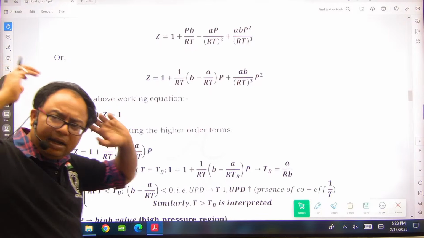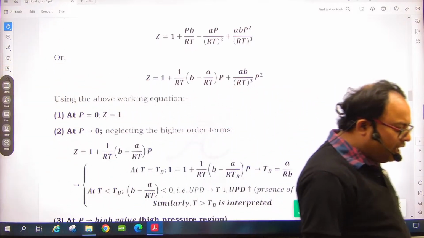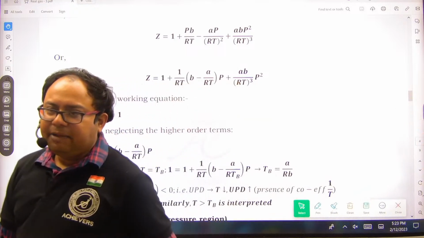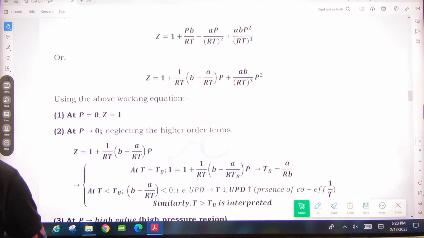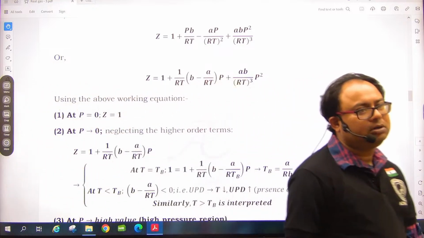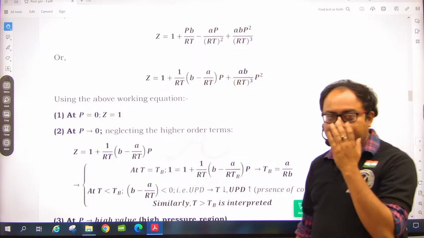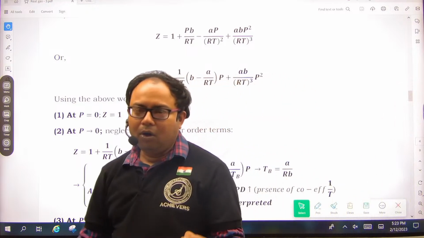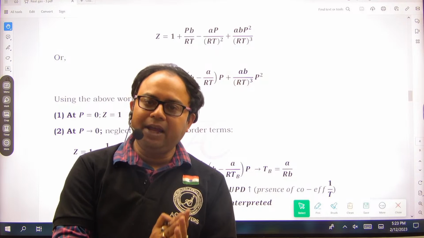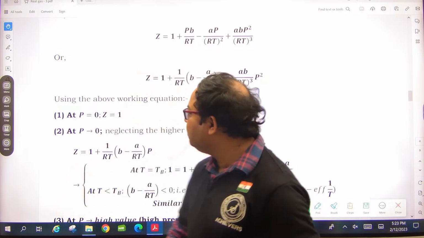Now, let us remind what we studied in the previous section. In the previous section, we studied the observations. Those were coming from the Amagat's plot. And we found that at P equal to 0, all the isotherms were ideal.